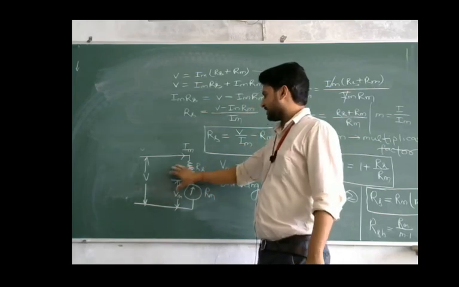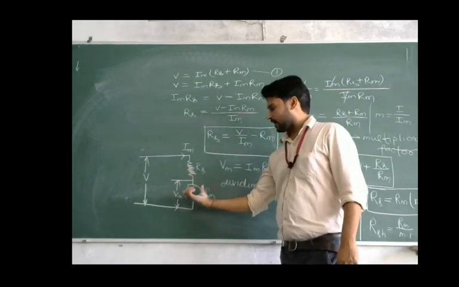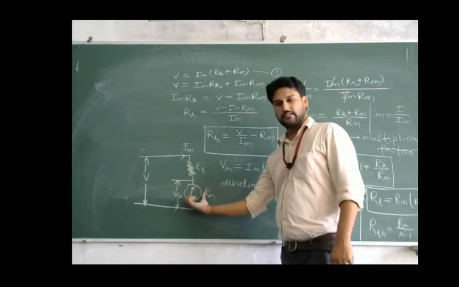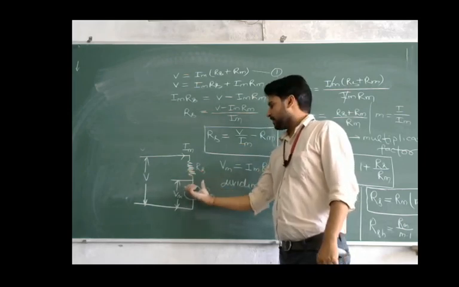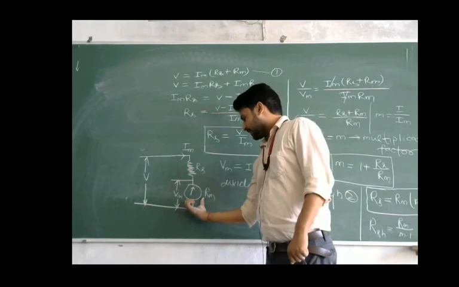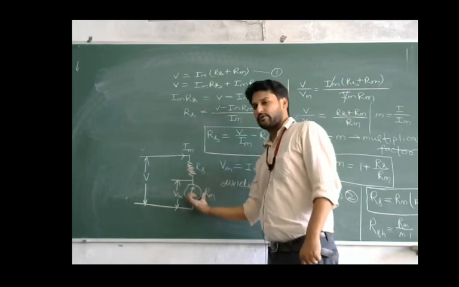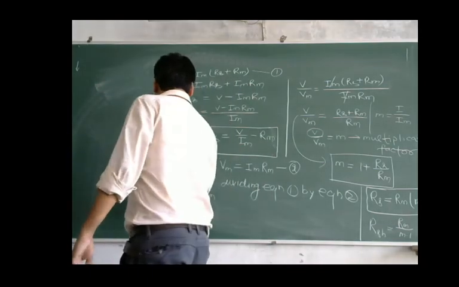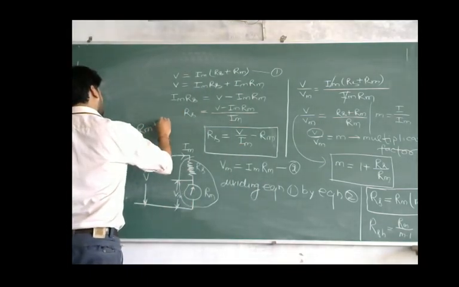In this case, this resistance already comes in series with the meter movement. The total resistance is Rm plus Rs.